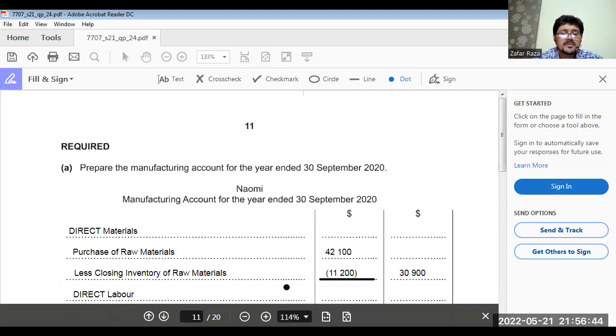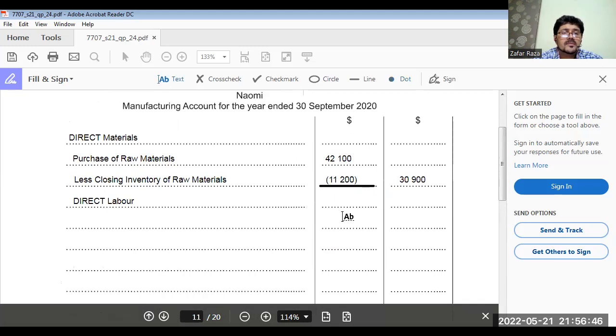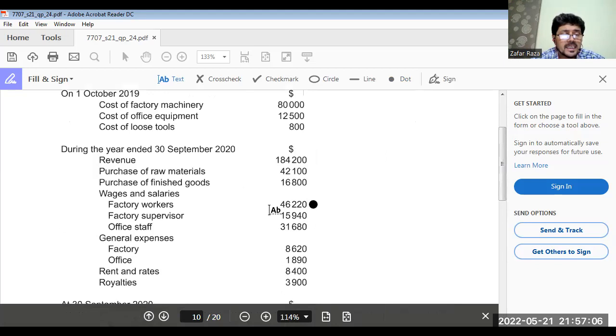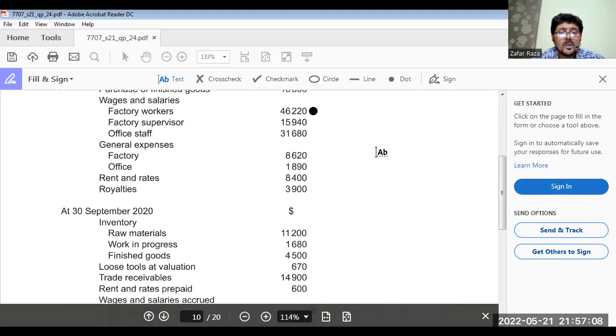Direct labor, done. Okay. Now we have to add direct expense. Sorry, one thing. Is there any? Oh yes, here it is. Direct expense. Getting my point clear?